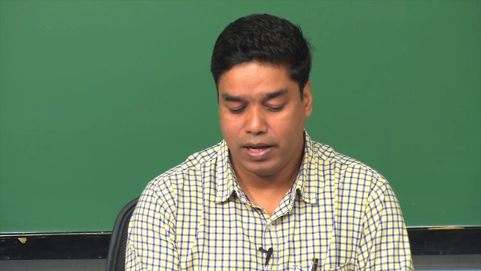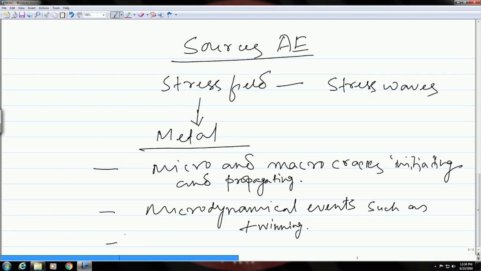The process of slip happens due to a lattice defect known as dislocation. So, when you load a metallic system, these dislocations move, and due to that movement it creates what is called a slip, which is movement of atomic planes over one another as if they are slipping over each other. So, movement of these lattice defects known as dislocations can also generate acoustic emission inside metals.